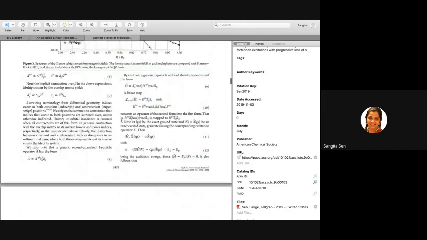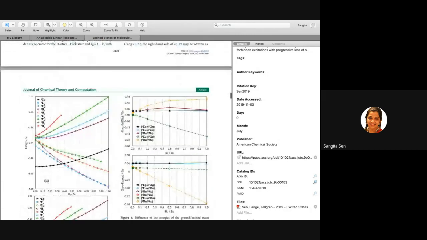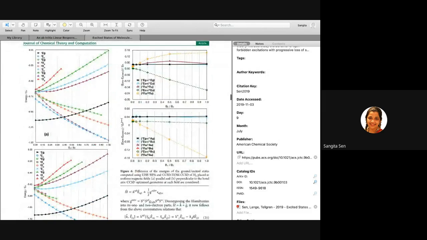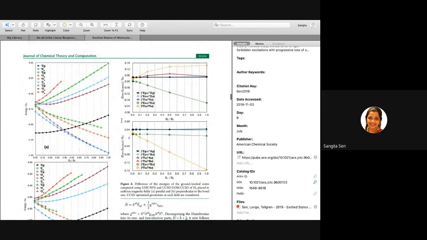Okay, one more thing. For that, I need to show you some molecule. In an atom, there is no problem. But in a molecule, the equilibrium geometry, which is the geometry at which the molecule has lowest energy, is typically frozen at the zero field geometry.